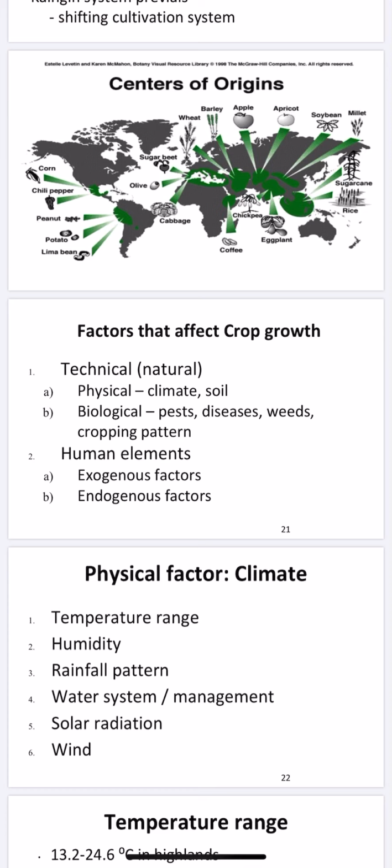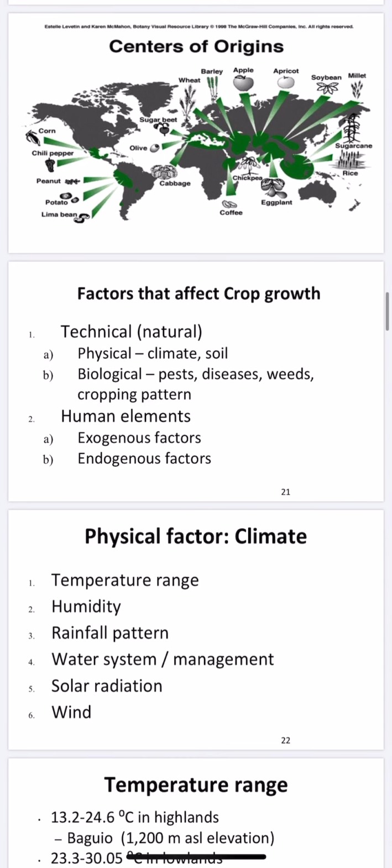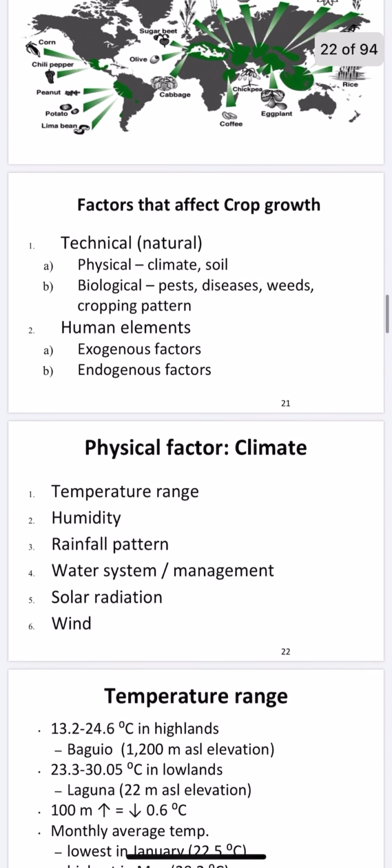Actually, most come from or originated in the Mediterranean, where civilization started, and throughout Asia. While you can see here corn, chili pepper, peanut, potato, and lima bean originated in the continent of South America.